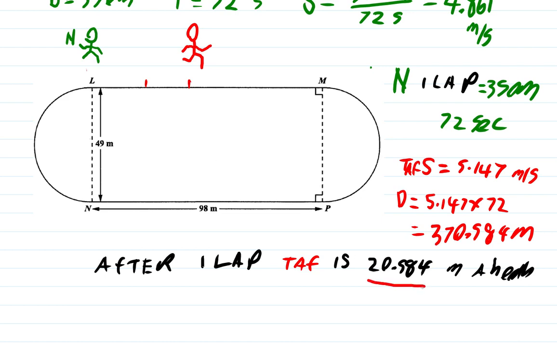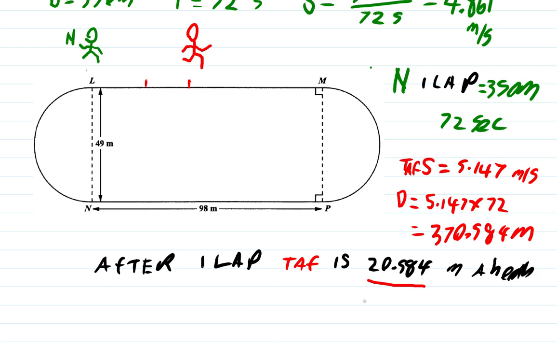You're looking at the difference in distance every lap. After every lap, Tafari would be 20.584 meters further in front of Nathan.